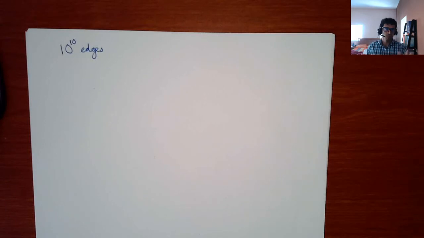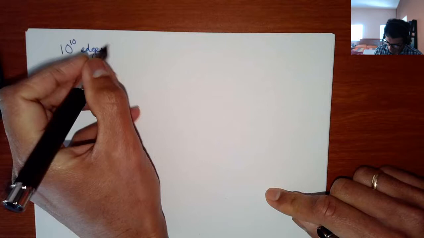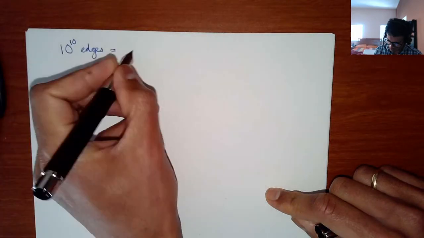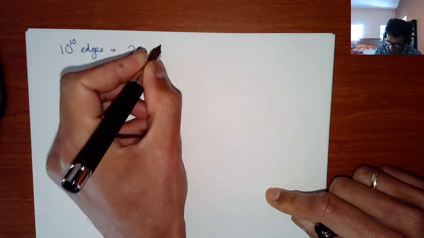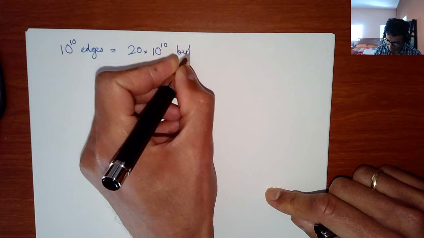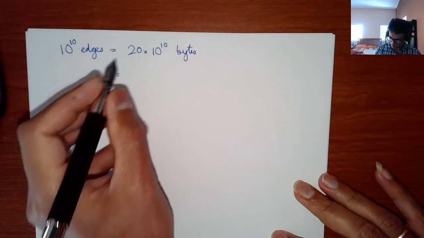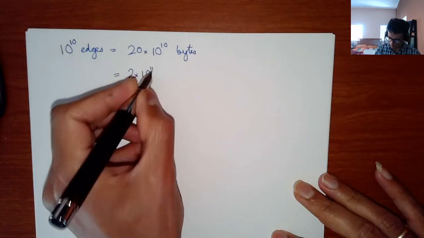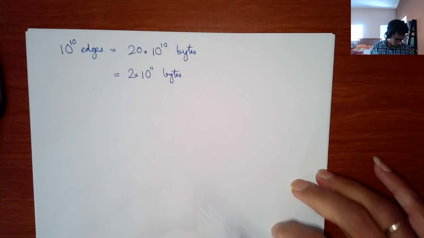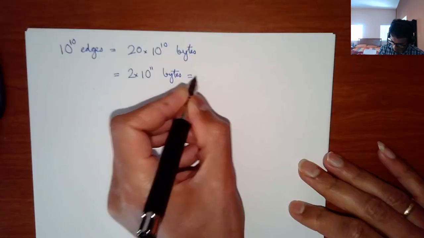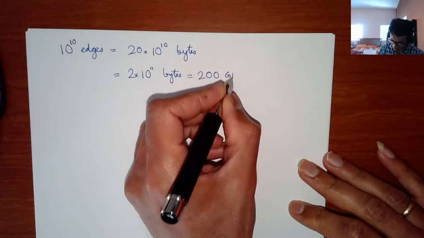So maybe it's about 20 times 10 to the 10 bytes, 20 bytes to store each edge. So this is 2 times 10 to the 11 bytes. That's about 200 gigabytes.